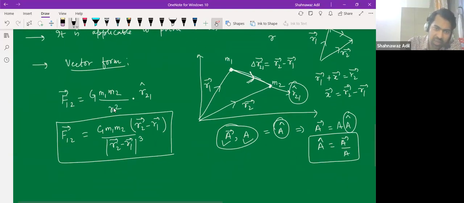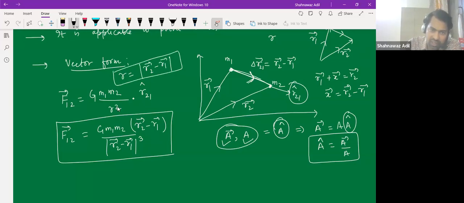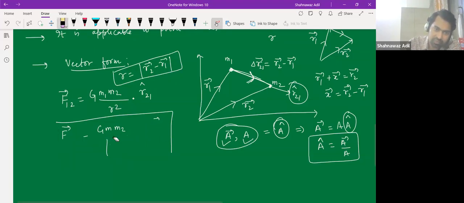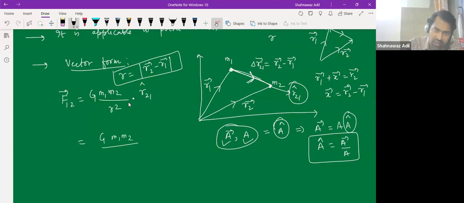So this R magnitude is the magnitude of R2 minus R1, right? Let me write it here. So this is G M1 M2, and this R is the magnitude of R2 minus R1, this vector. So the magnitude of this squared, and this unit vector would be how much?